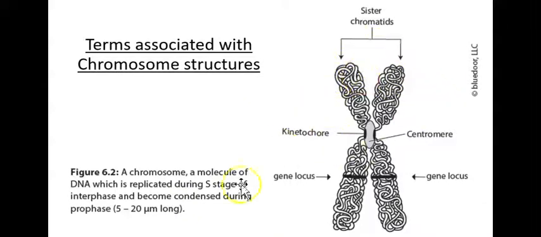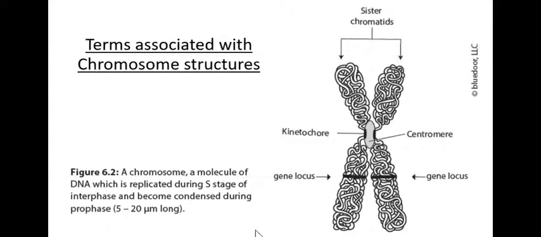And what we're looking at here is when the cell is getting ready to divide, they're going to take this long strand of DNA that is partly unwound as they're reading the instructions, and they're going to wrap up this string of DNA to condense it. And I always use the analogy of, if you're using a ball of yarn, you have to unwind it in order to use it.